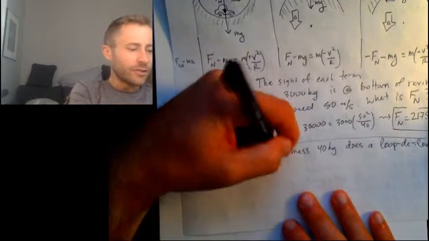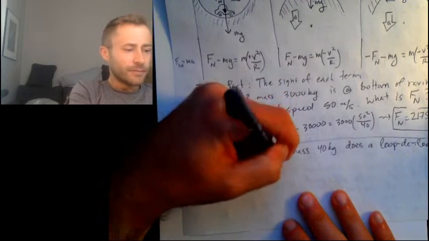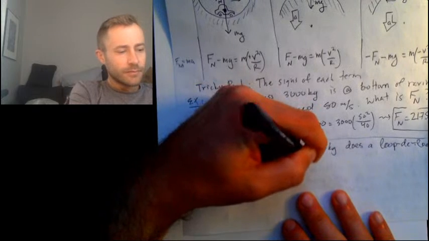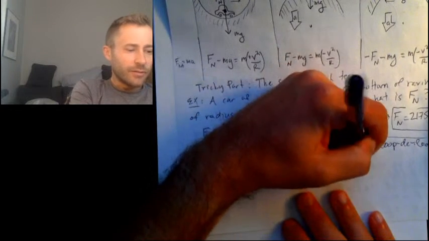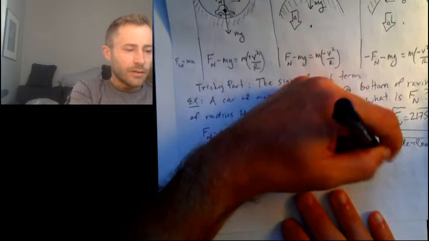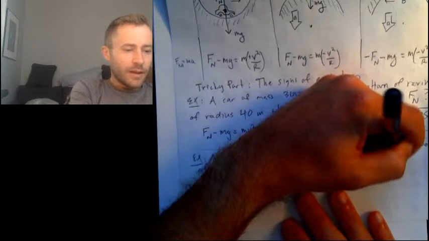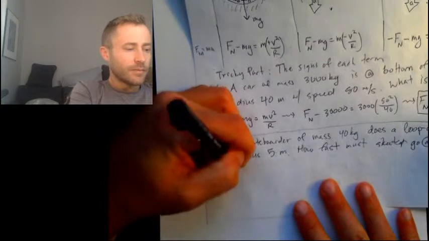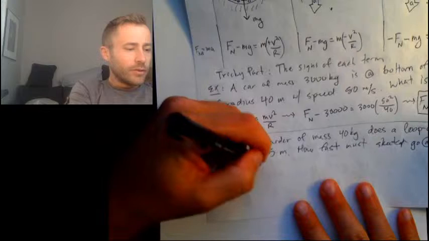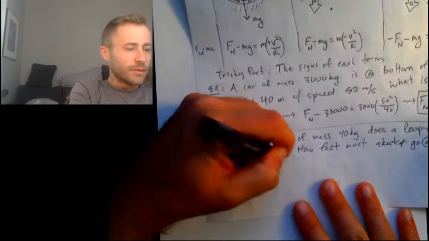How fast must the skater go at the top of the loop-de-loop to not fall?